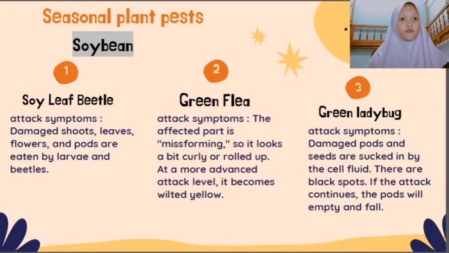At a more advanced attack level, it becomes wilted and yellow. 3. Green ladybug. Attack symptoms: damaged pods and seeds are sucked of their cell fluid. There are black spots. If the attack continues, the pods will empty and fall.